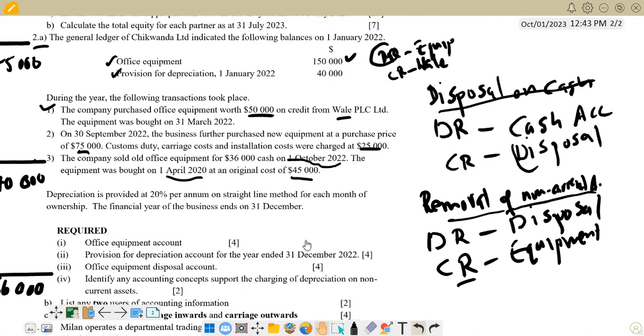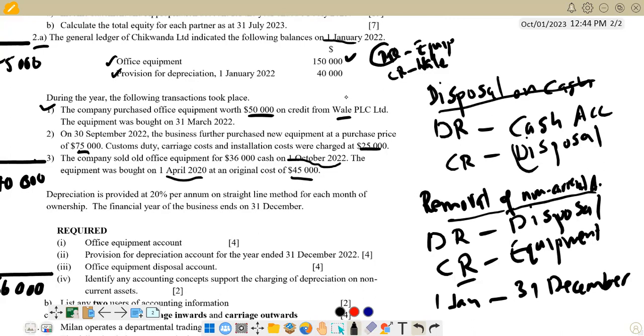The financial year starts on 1 January and runs to 31 December. That helps us allocate depreciation according to how long the asset stayed in the business.